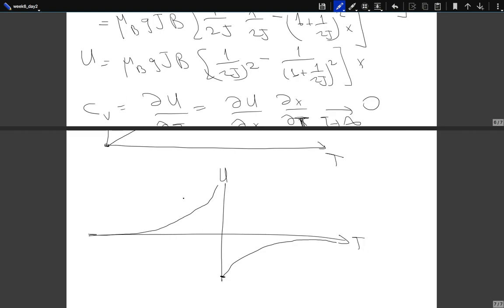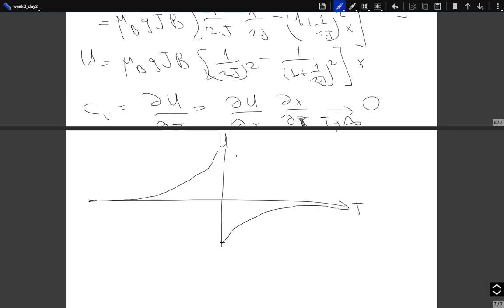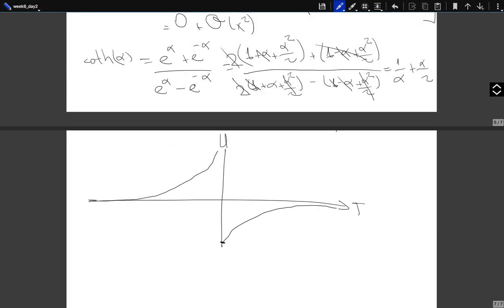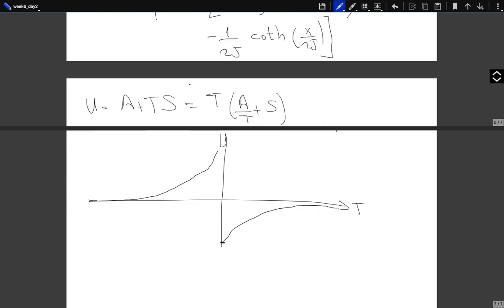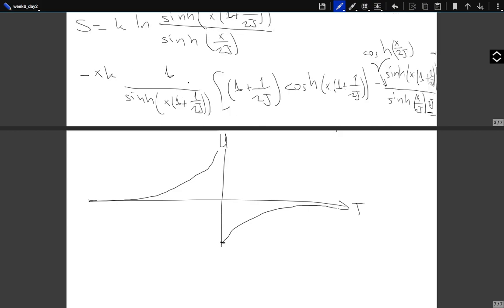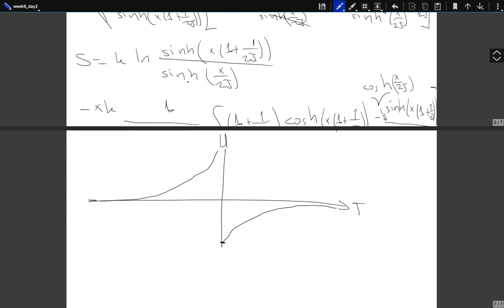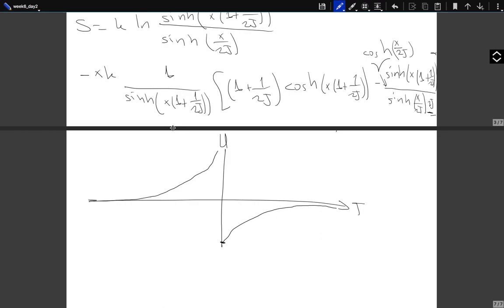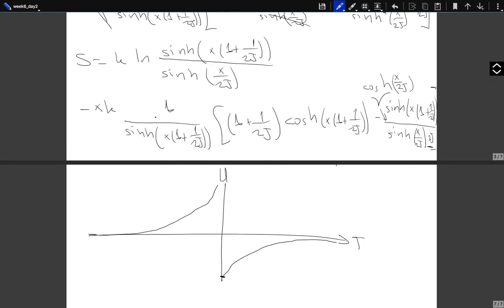So negative temperatures will be just a symmetrical limit of this one, basically, because it just changes the sign of U. If you look at the entropy, we had the expression of the entropy somewhere. So what does the entropy do as we take negative temperatures?